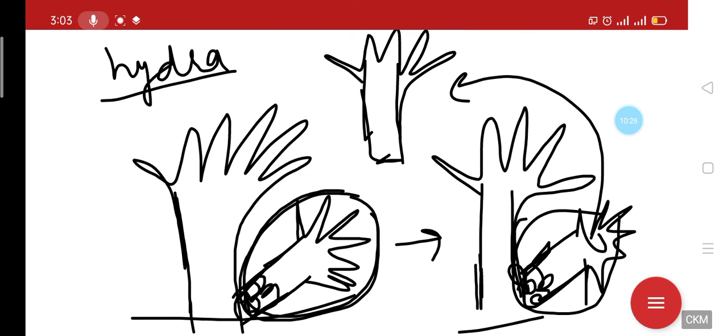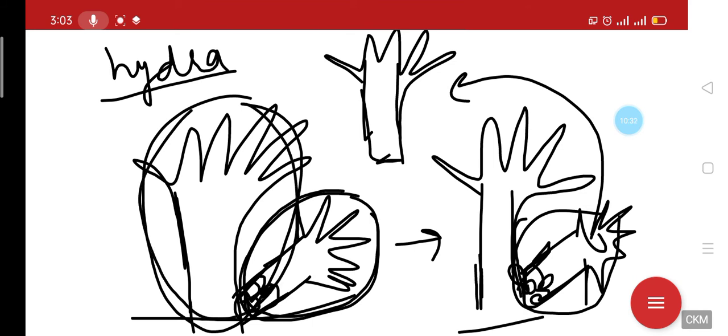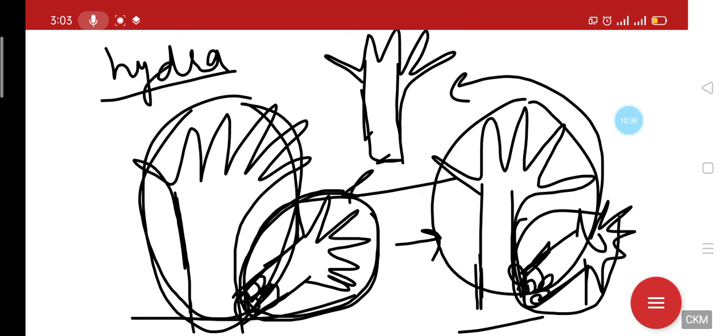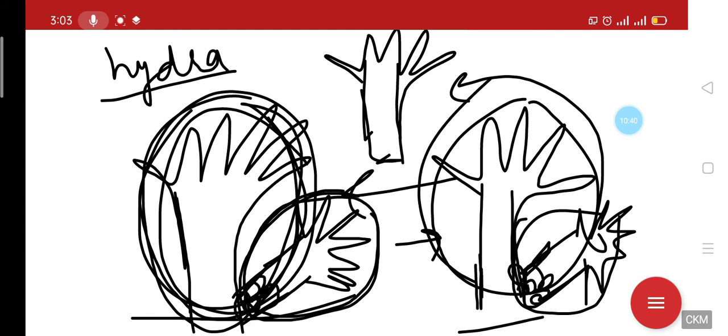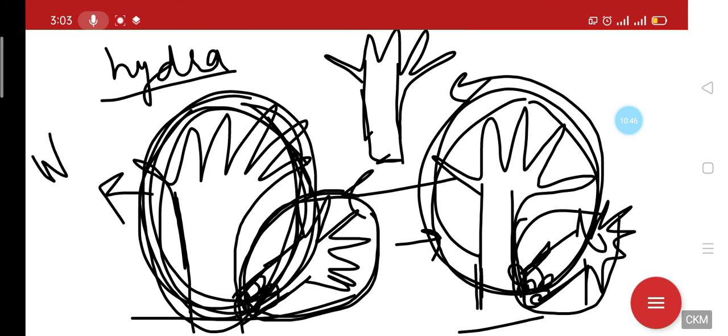This is basically asexual reproduction in which only one parent is involved, and the daughter organism is totally resembling the parent organism. And yes, this is also helped by the process of mitosis.